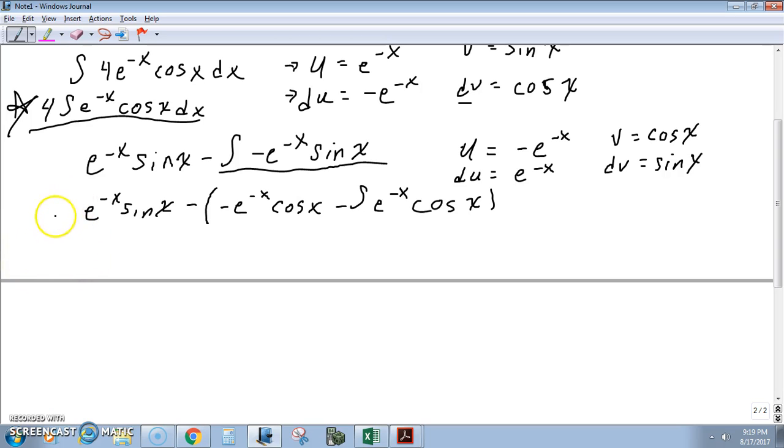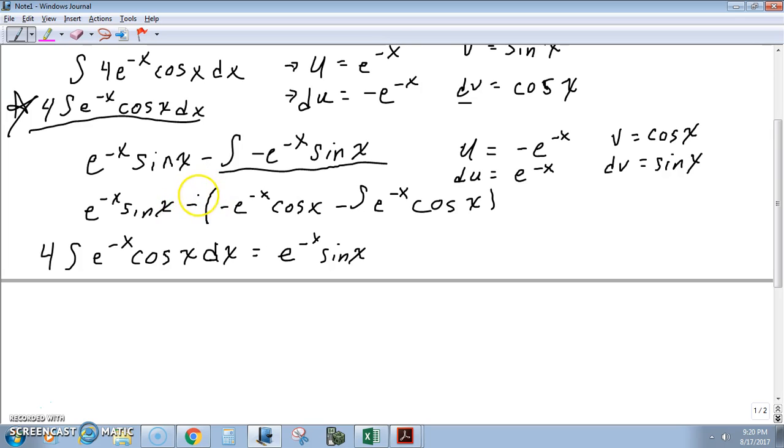So now I'm going to put what I had on the left-hand side, which was 4 times the integral of e to the negative x cosine x dx. Oh, I guess I dropped my dx down here. Equals, I'll put it back in, equals now e to the negative x sine x.